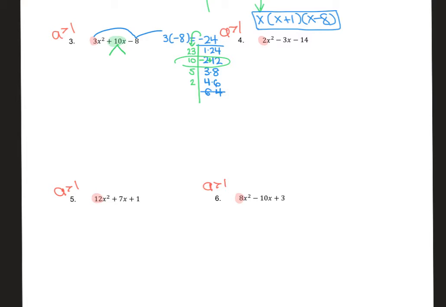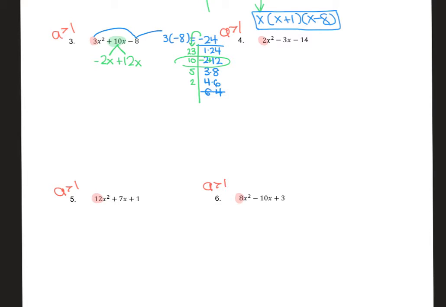It gets a little confusing in that way. So I'm splitting it so that I still have the same amount in the pot, okay? So negative 2x and positive 12x. If I added those up, I would still have positive 10x, okay? Negative 2x plus 12x still equals positive 10x at the end of the day.